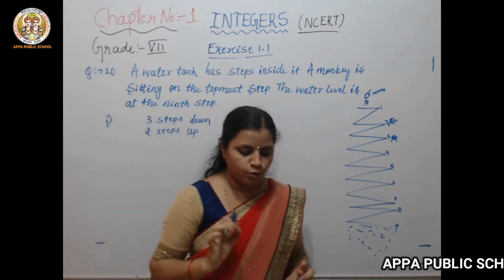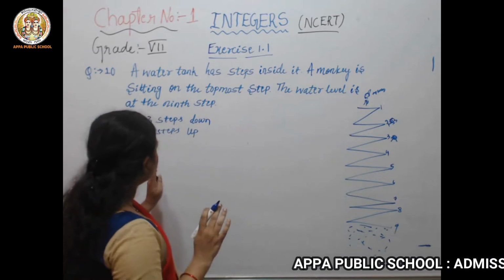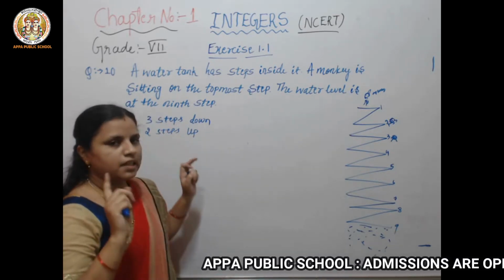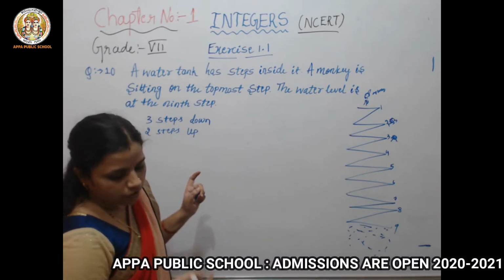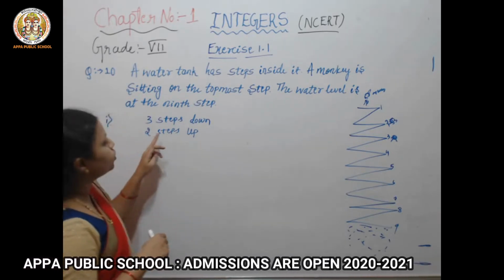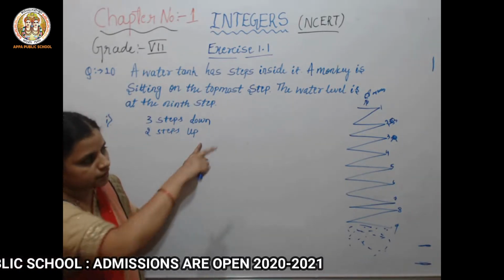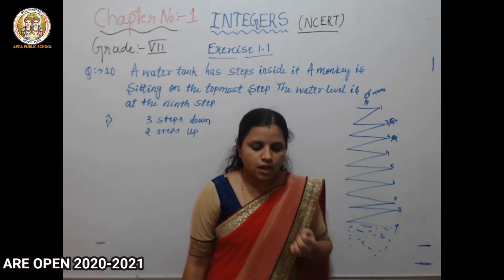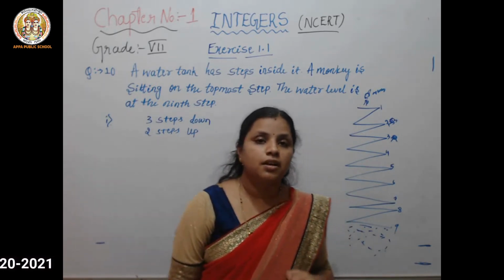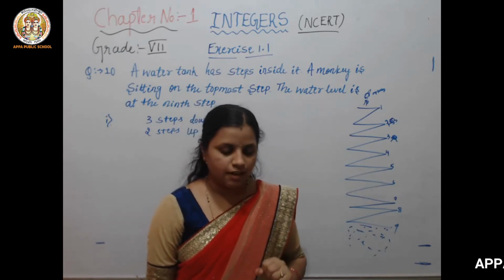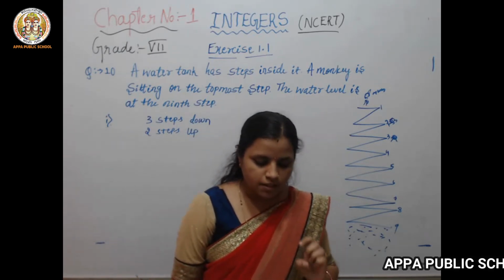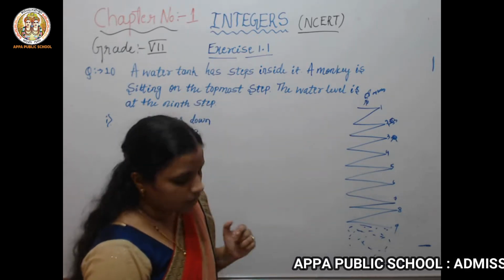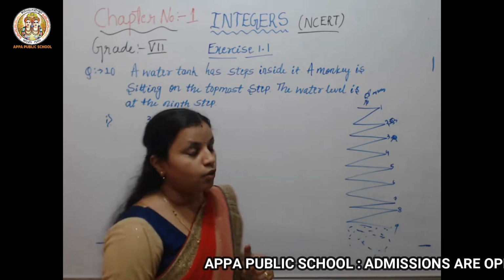It is a very, very important problem. The monkey jumps 3 steps down in the first jump and after that 2 steps up, that is back. The question is, in how many jumps will he reach the water level? Once again, in how many jumps will he reach the water level?